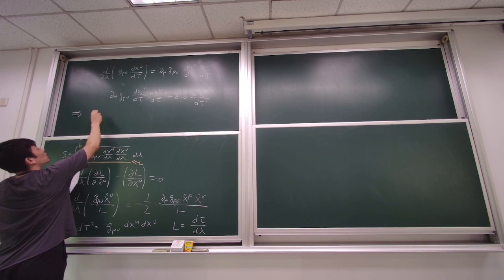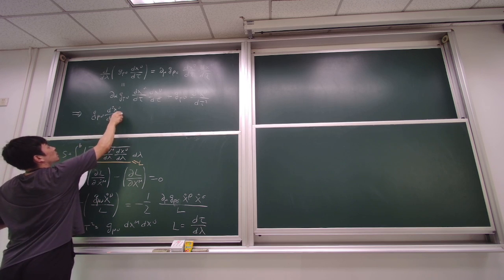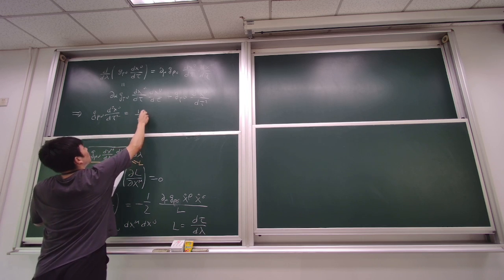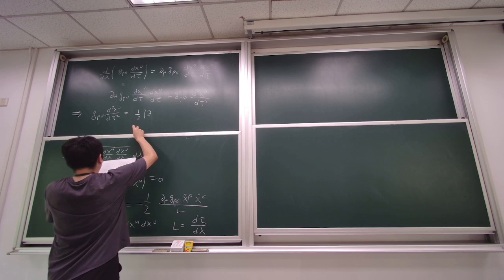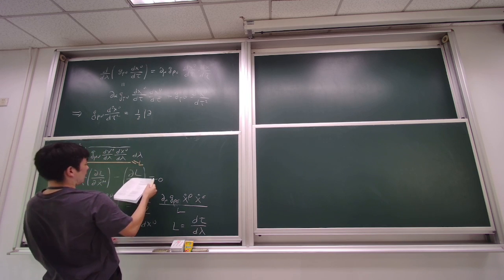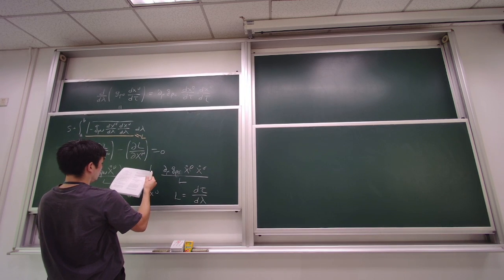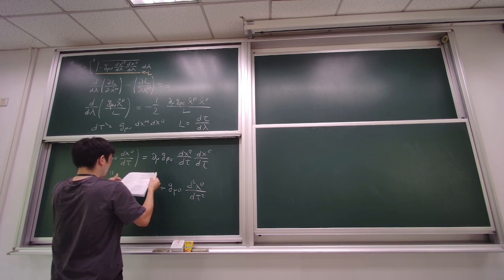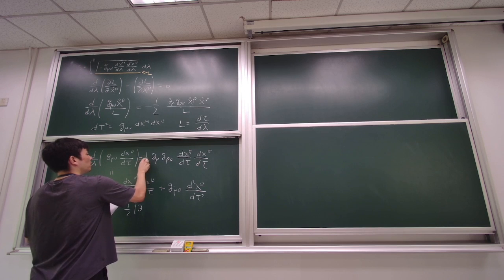g mu nu d squared x nu d tau squared is equal to 1/2 derivative of the... Did I write down 1/2? No. Yeah. Sorry, there's a 1/2 here. So there's a 1/2. Yeah, sorry.